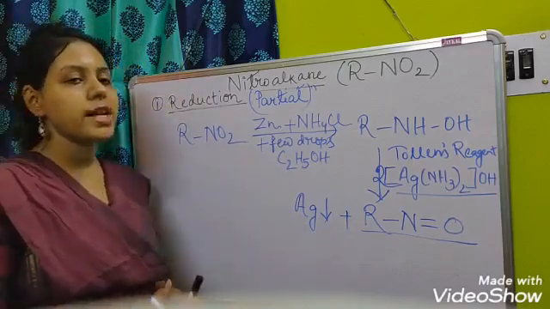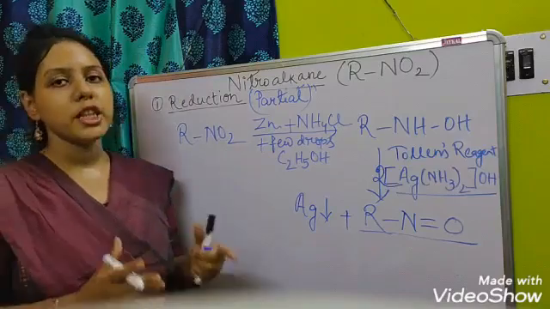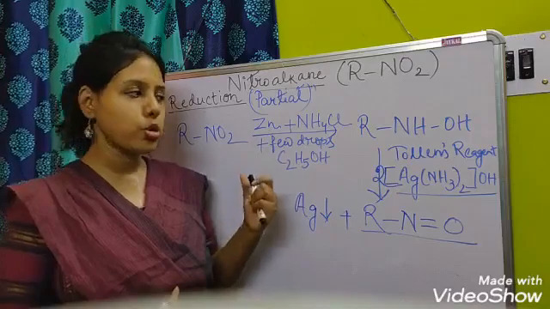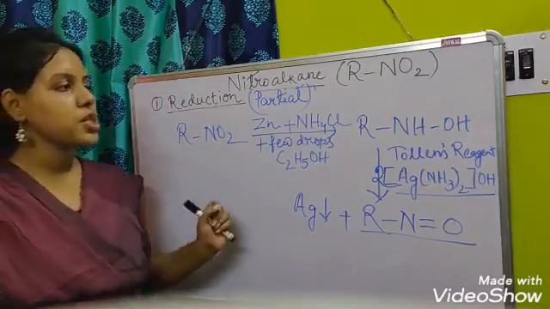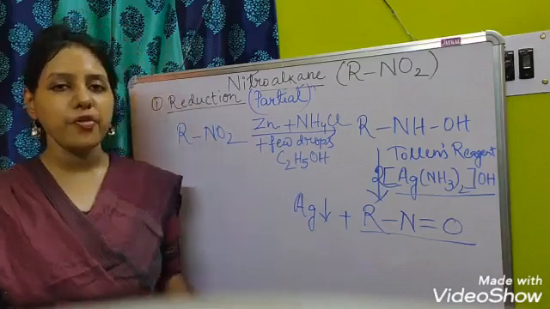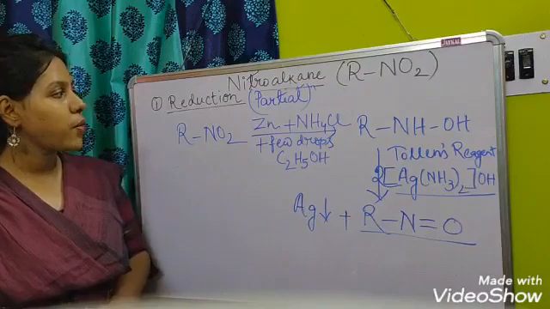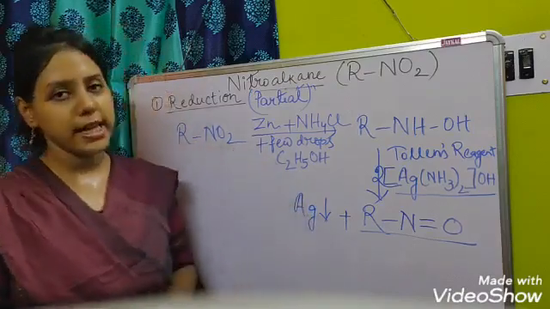If you get that silver mirror, that means the organic compound you have used contains the nitro group. This test, known as the Mulliken-Barker test, is used for identifying the presence of NO2. Clear? So this reaction was the partial reduction of nitroalkane.